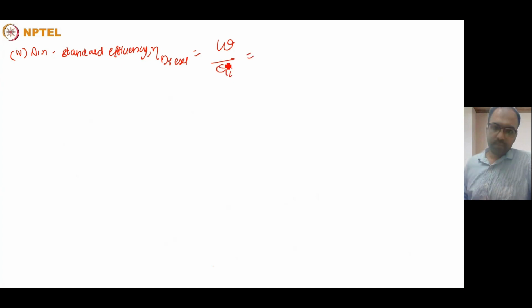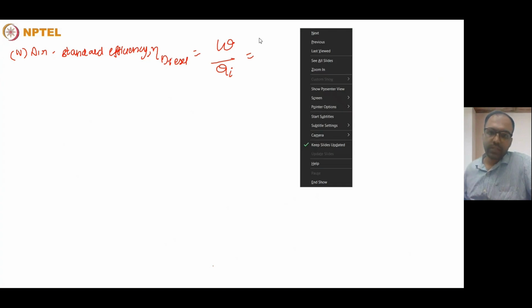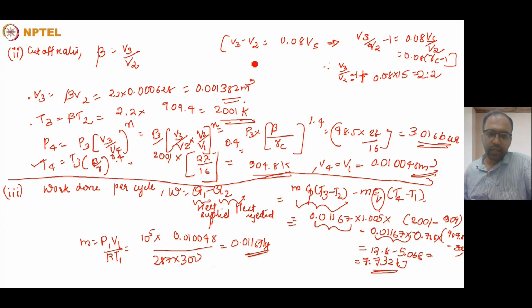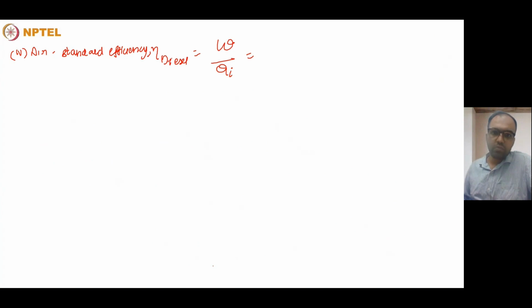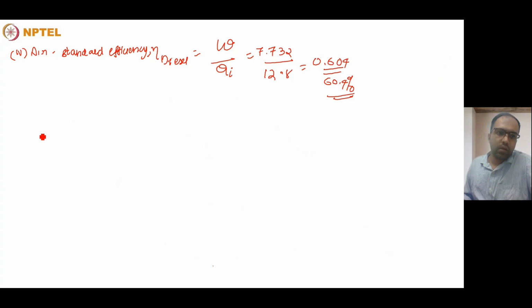Work done per cycle we have calculated as 7.732, and the heat input is equal to 12.8. So it will be coming around 0.604. 60.4% will be the efficiency.